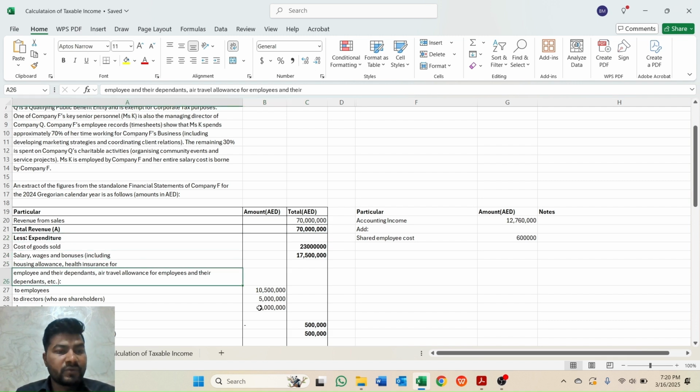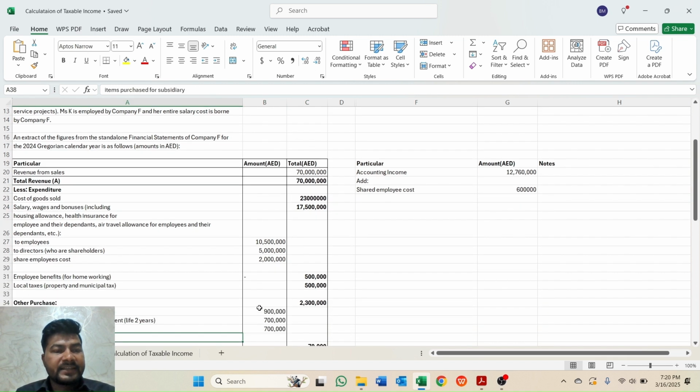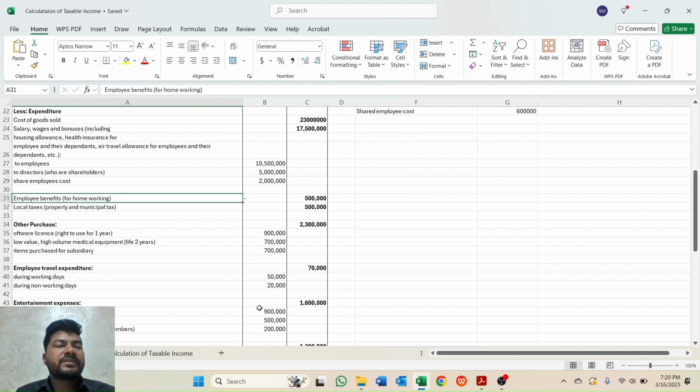Now let's come to another point, that is employee benefits for homework. It means any employee who is working from home. Since this is totally business related expense, it is totally allowed, and requires no adjustment. Will not do anything to this.